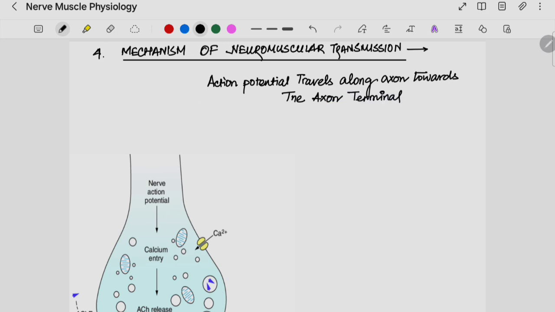Okay, so this happens in the motor nerve fiber.